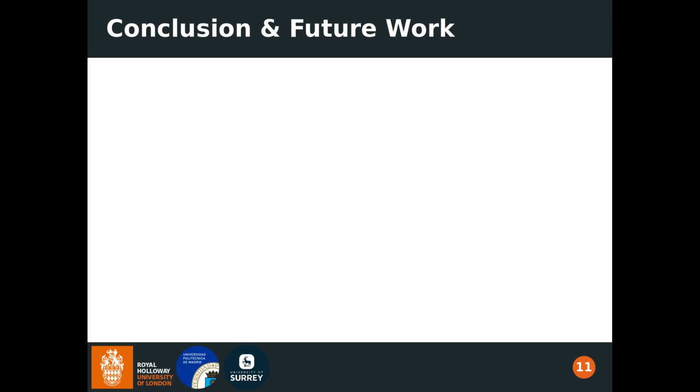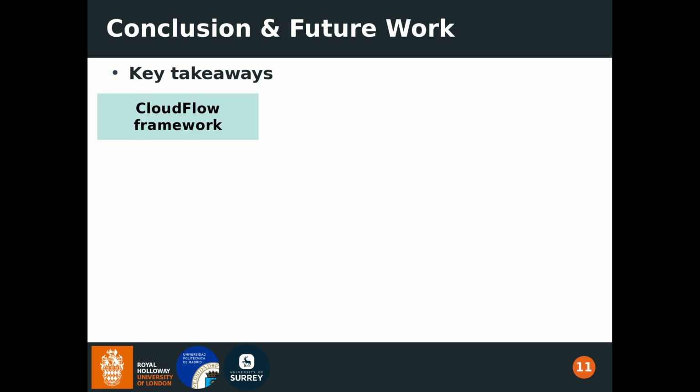So, what are the key takeaways of our work? We present a novel framework to statically identify security-sensitive data flows in serverless applications. CloudFlow constructs a synchronous representation of such applications by combining information extracted from the infrastructure and the application code.